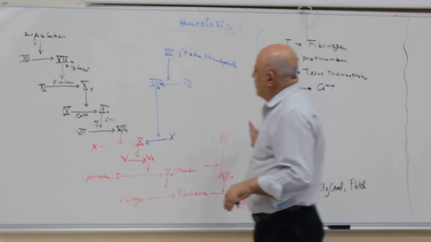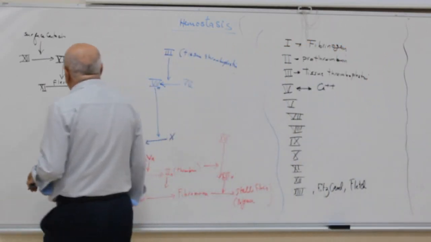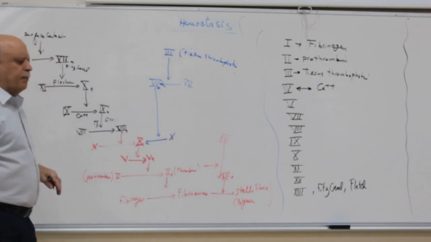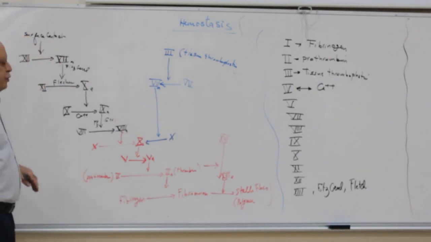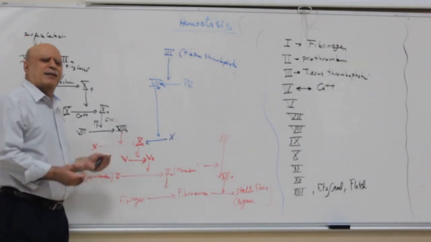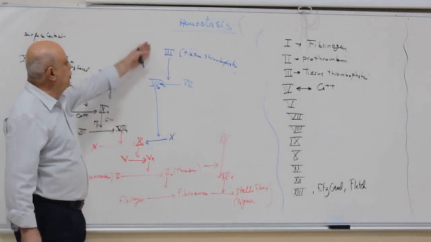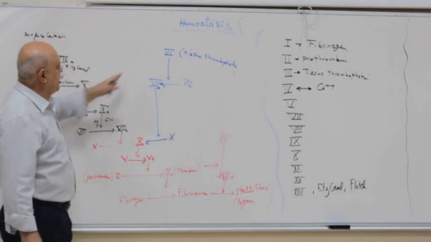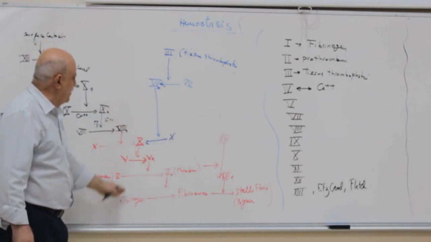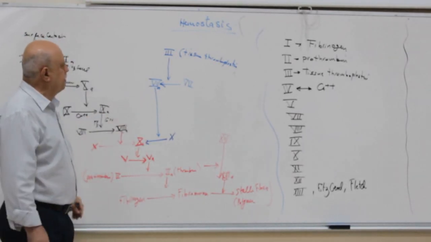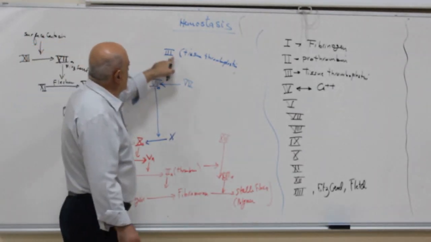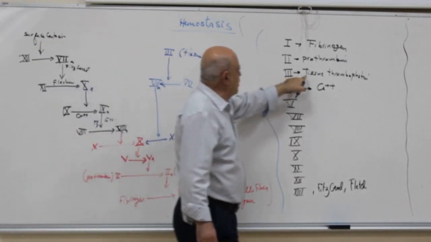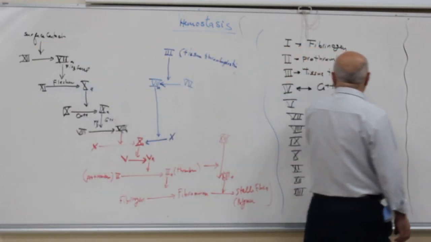Now, scientists in vitro were able to produce a clot from plasma by 2 pathways. This pathway and this pathway.